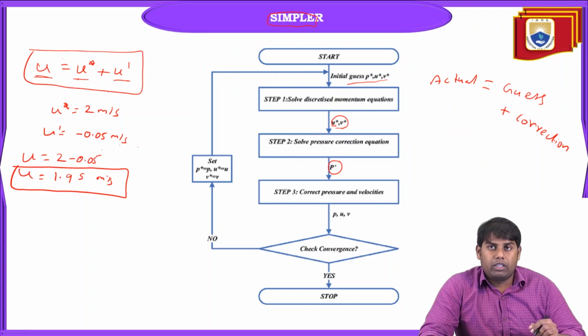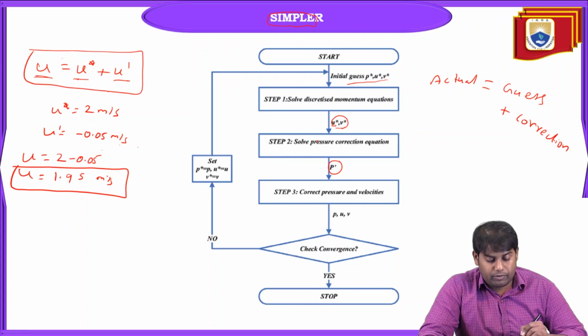So again, what is happening? To start the procedure, initially we are guessing the value of p star, u star, v star. We'll substitute them in the discretized momentum equation. Then we will get the values of u star, v star. Then we will use those terms to solve the pressure correction equation, which gives an output p dash.